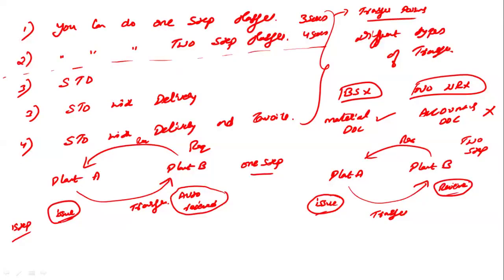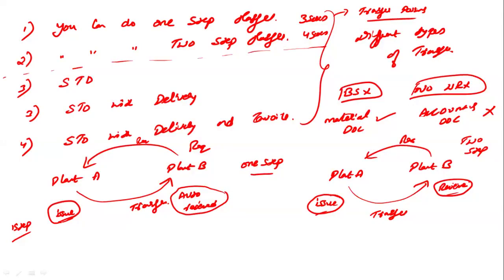When you're doing it manually, then it is two step. This is the configuration part. In the configuration, you can handle this. If anyone asks, can we have one step stock transfer in STO? Yes, we can, and that can be controlled in the configuration. What is the use of one step? The manual goods receipt is avoided. As soon as the goods issue is done in the supplying plant, the receiving plant's goods receipt will be posted automatically. We don't want to do it manually.